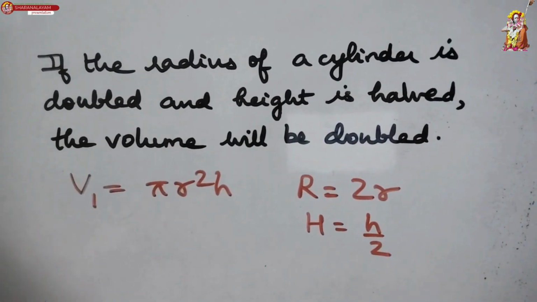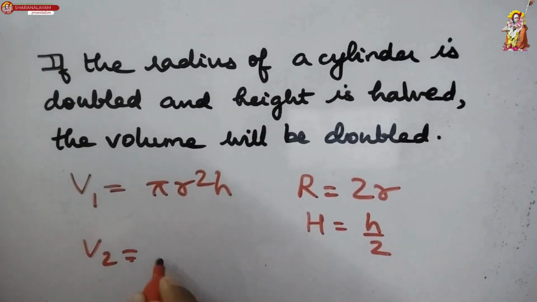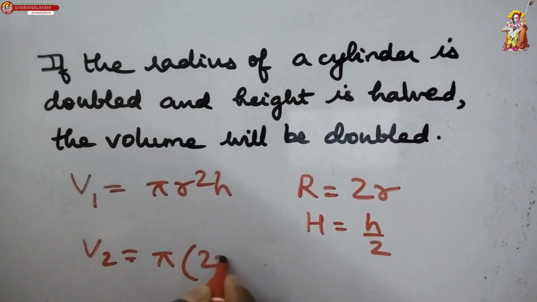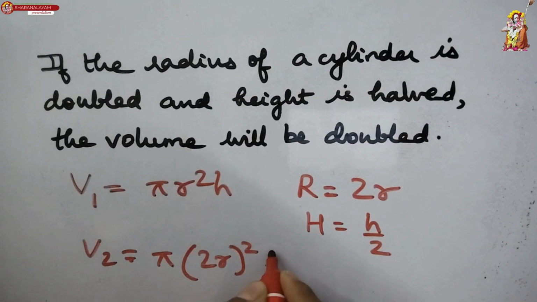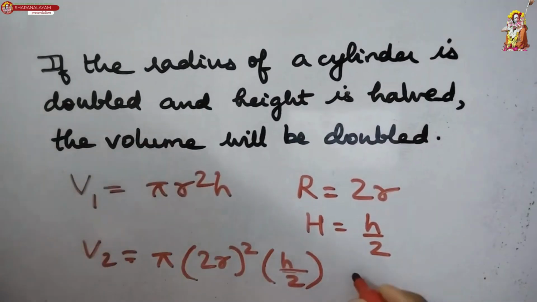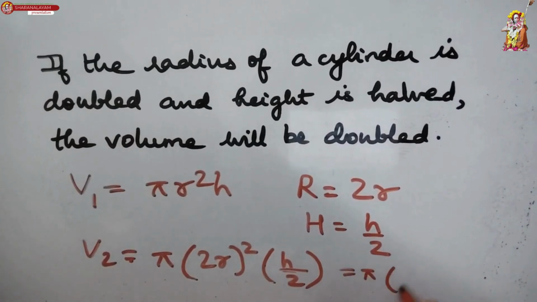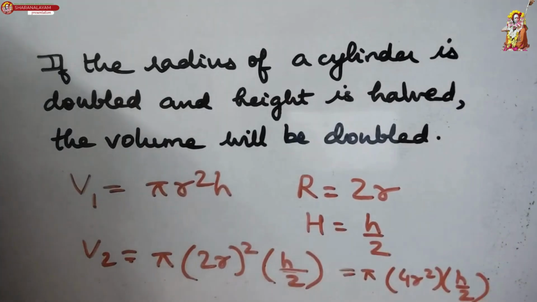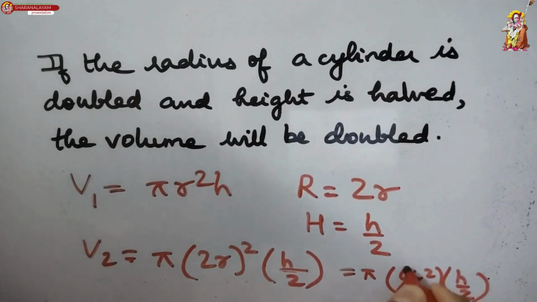In that case, the new volume will be equal to pi 2r the whole square into h upon 2, correct? So, in that case, this equals pi into 4r square into h upon 2, correct? So, 2 and 4 get cancelled.